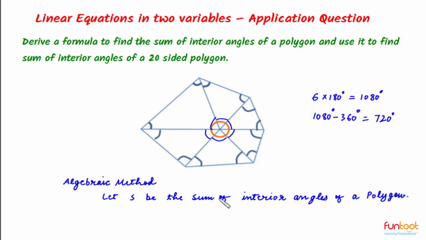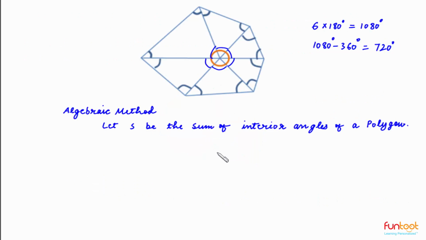In the algebraic method, let S be the sum of interior angles of a polygon and we need to derive the formula for S. Here we will make use of properties of a triangle and that of a quadrilateral. The sum of angles in a triangle is 180 degrees and the number of sides is 3, we know.